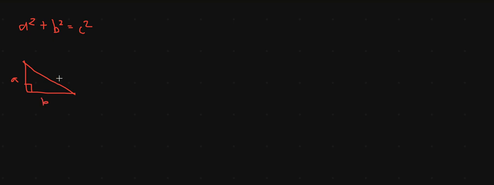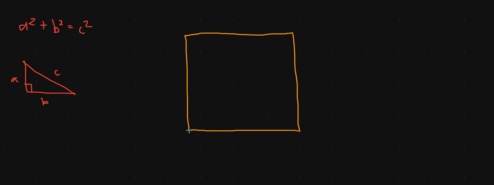So we have this triangle and we're trying to prove this. What we want to do is start off by simply making a really big square, just this size. We have this, this, this, this.